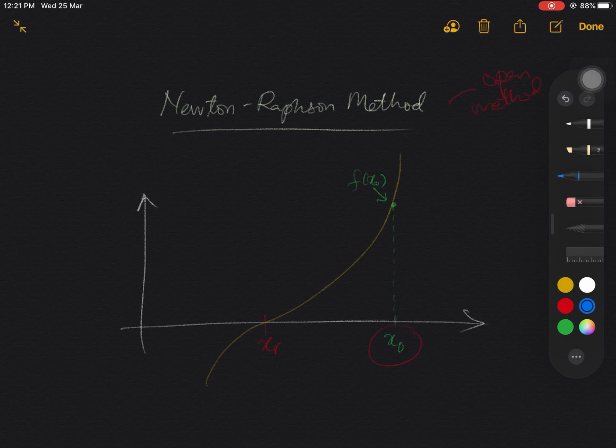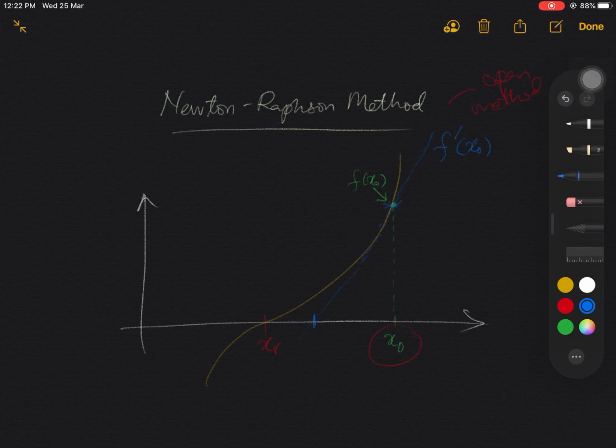Okay, so the method is, first we need to find the differentiation of f at our initial point. The differentiation is in fact the slope of this line that we call the tangent at point x0. So the slope of f, written as f prime at x0, needs to be found.